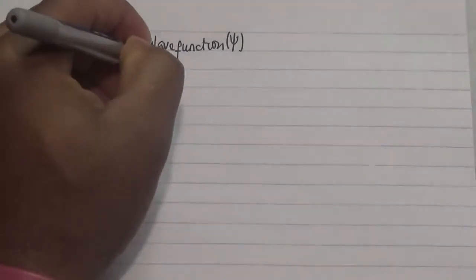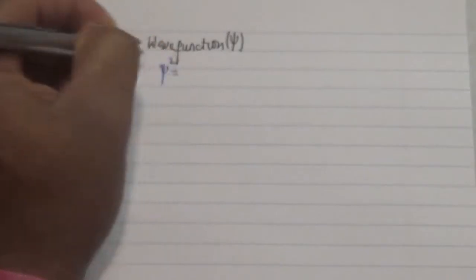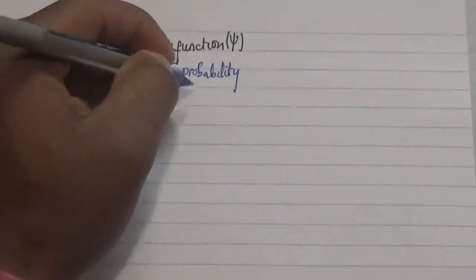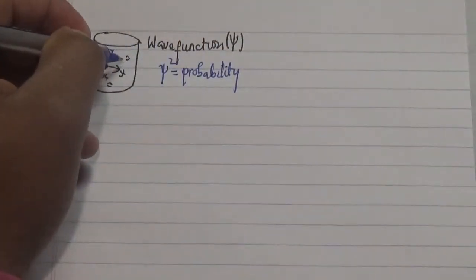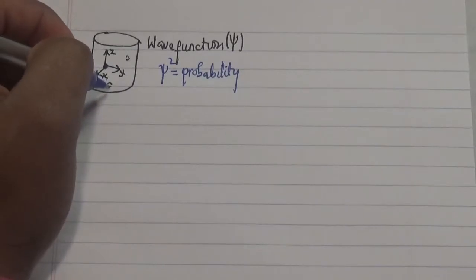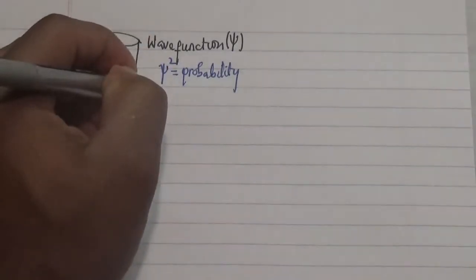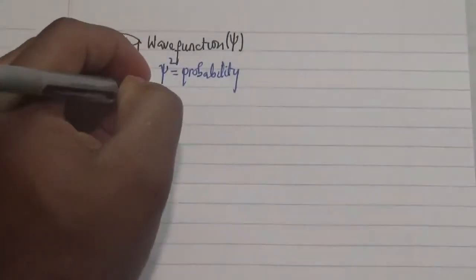When your wave function is squared, we get the probability that a particle is in a location at a moment in time versus another location at another moment in time. This is expressed mathematically as follows.